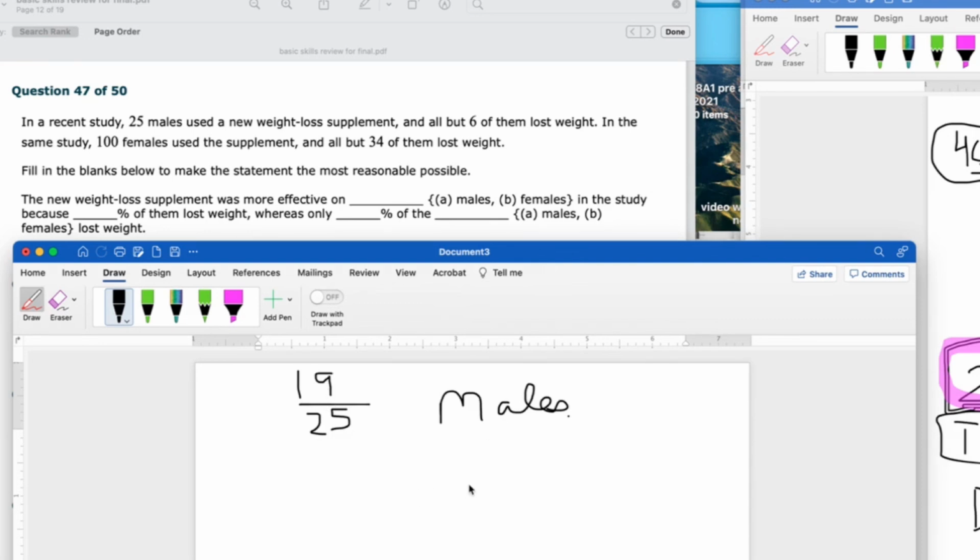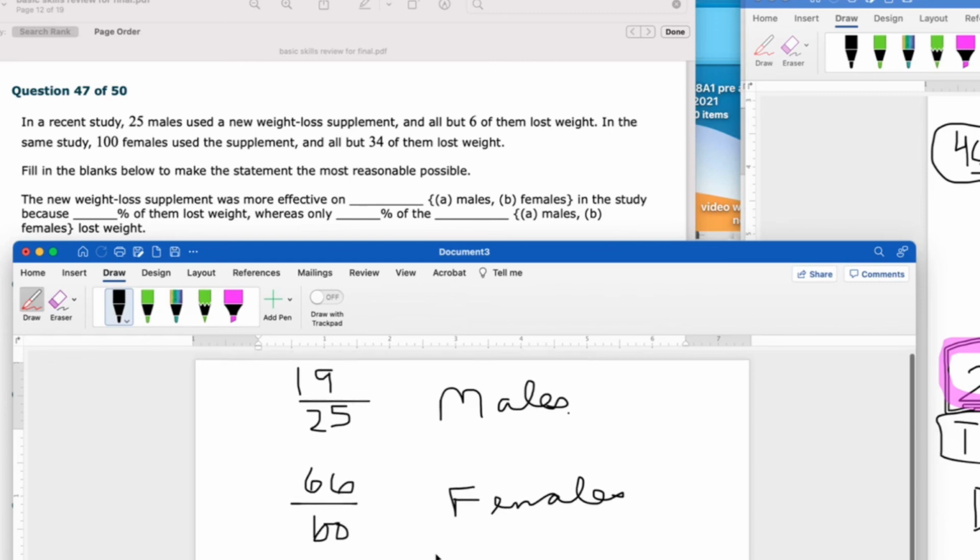Okay. In the females, there were 100 females. And all but 34 of them lost weight. So 100 take away 34 is going to be 66. Because I add 4, I add 34. That's right. So 66 out of 100. So we don't have to do any math with this one. 66% of the females, because there's 100 on the bottom.